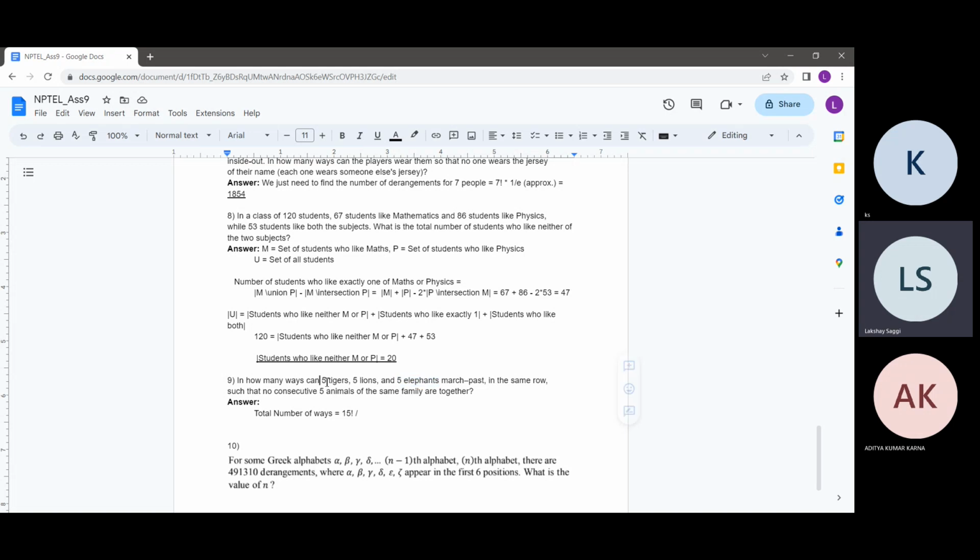So we'll need to divide by 5 factorial for each of these. So it will be 15 factorial divided by 5 factorial cube. So I hope this makes sense.